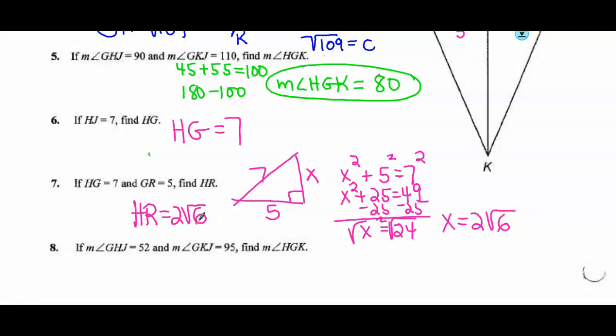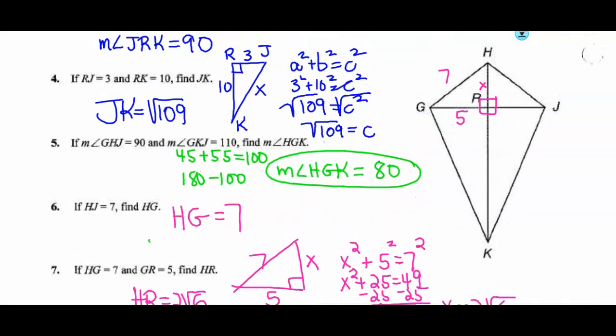And there's one last question here. It says GHJ. So let me go ahead and erase that since this is the last question. I'll grab orange. It says GHJ is 52. So this whole angle, well, I guess it's pink now, is 52.